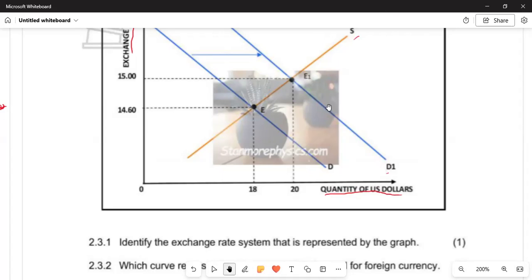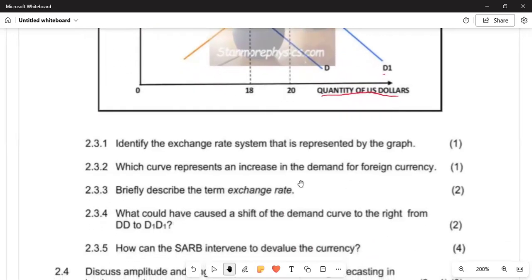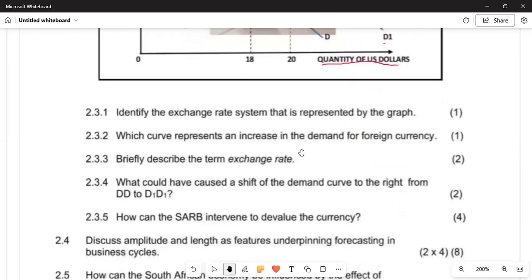Supply. Now let's quickly go to the questions asked under this. It says, identify the exchange rate system that is represented by the graph.